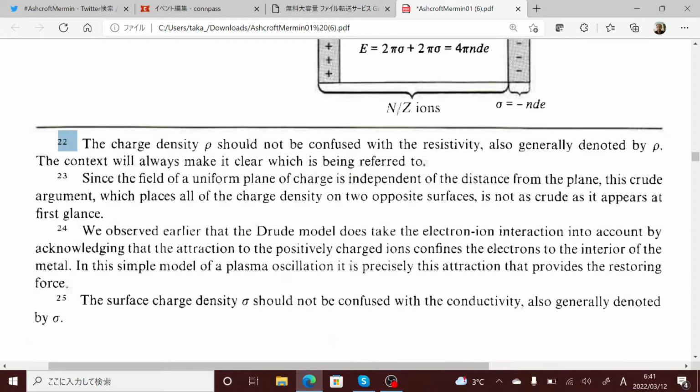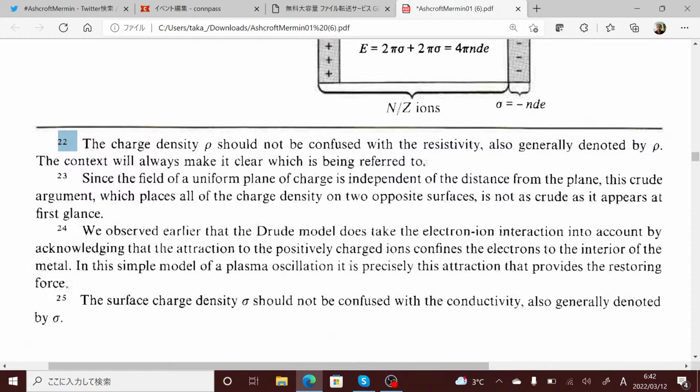We observed earlier that the Drude model does take the electron-ion interaction into account by acknowledging that the attraction to the positively charged ions confines the electrons to the interior of the metal.